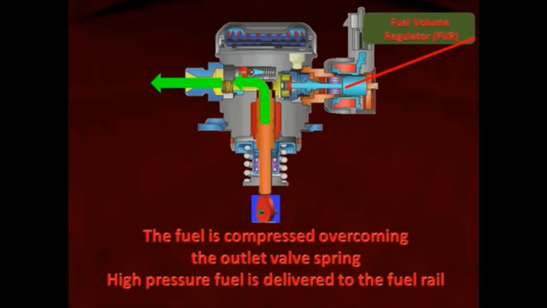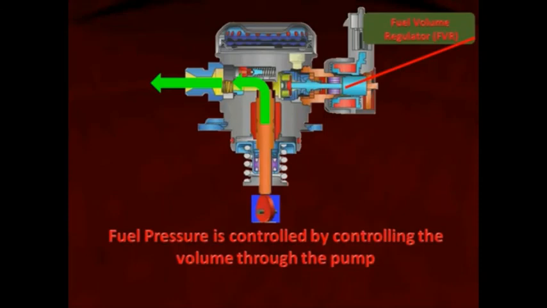It has to overcome the outlet valve spring, and then the high pressure fuel is now delivered to the common rails. The fuel pressure, once again, is controlled by how much volume through the pump. When we talk about the GDI injectors, we say that there are very small injector pulse width openings, 5 to 7 milliseconds.